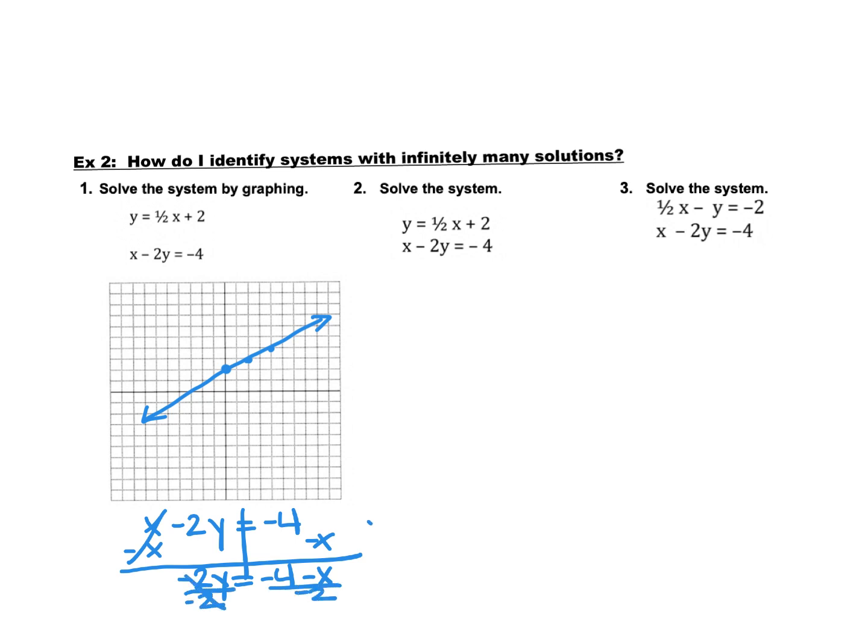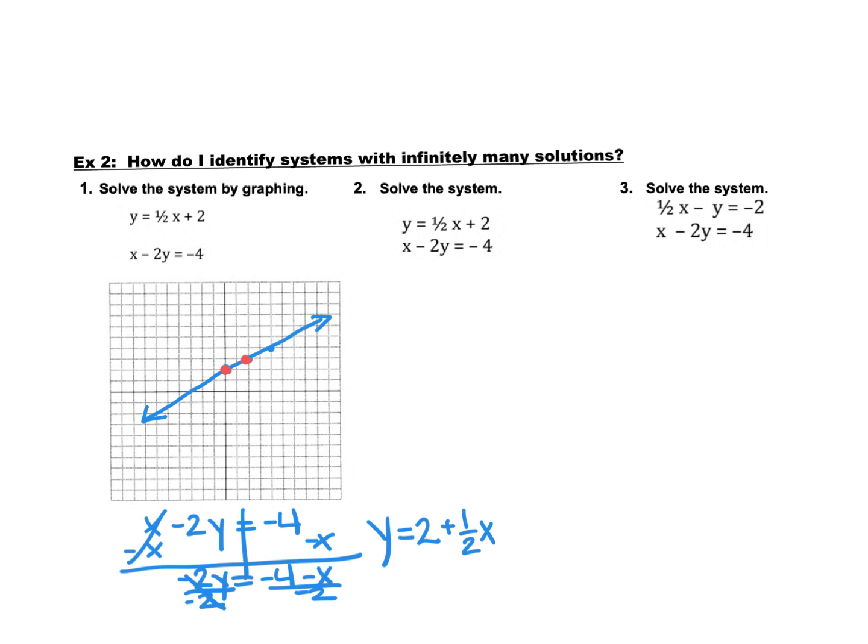And so we're going to have y is equal to 2, and then 2 negatives make a positive, so we're going to have plus 1 all over 2x. So when I would go to graph this one, I would come on my 2, and I would go up 1 over 2. Notice how these two equations are the same.